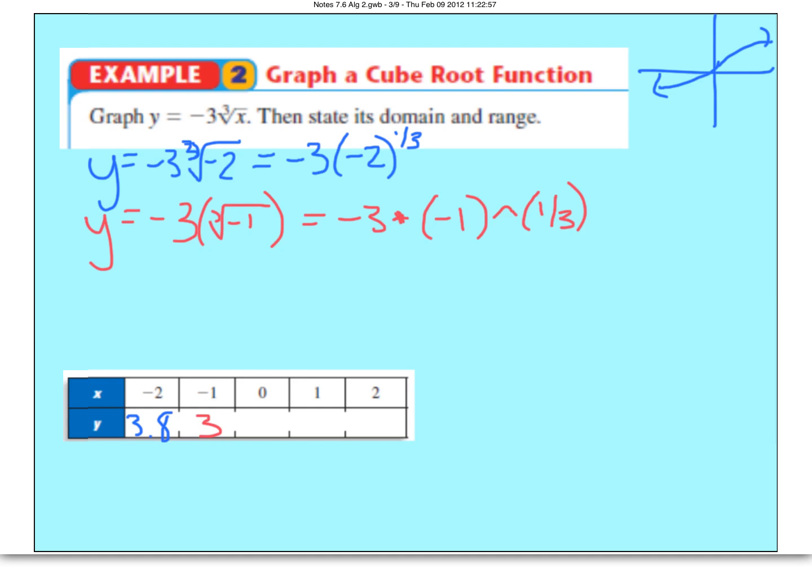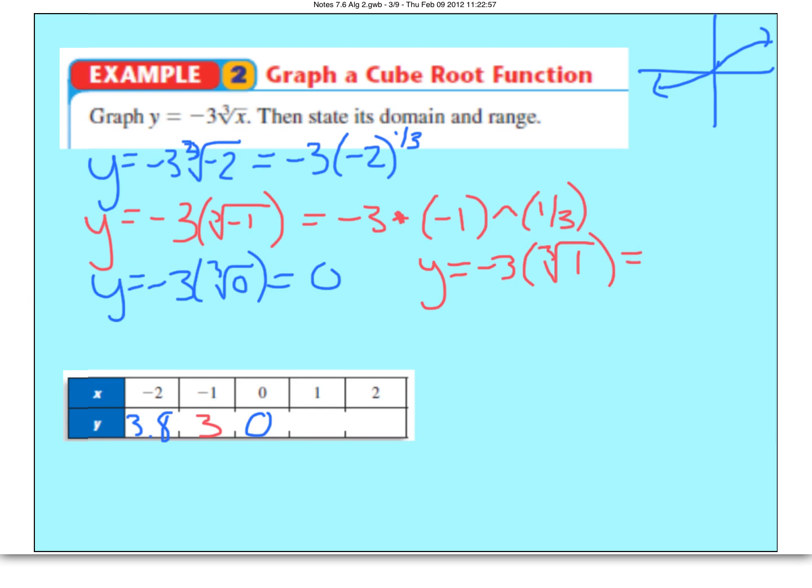Now, if we put 0 in there, you're going to have negative 3 times the cube root of 0. The cube root of 0 is 0. 0 times negative 3 is 0, so that's a nice clean one. Let's put in 1. When we put in 1, we have negative 3 times the cube root of 1.